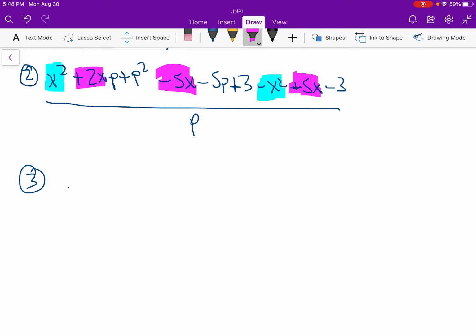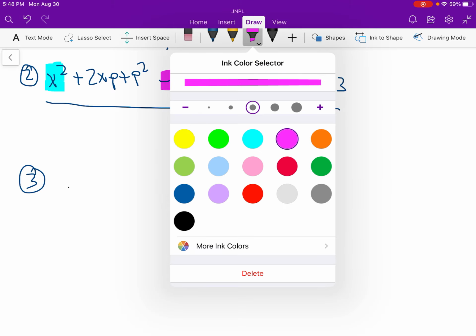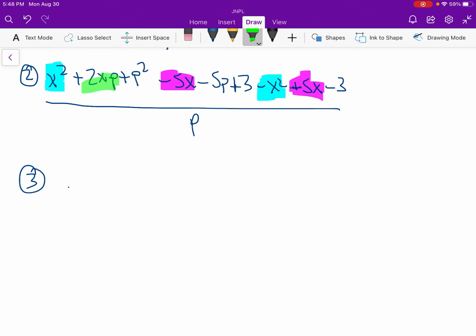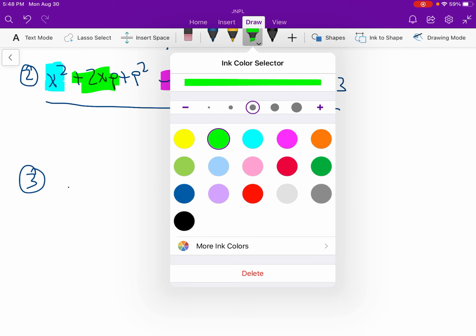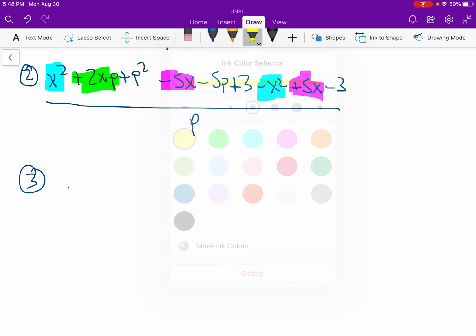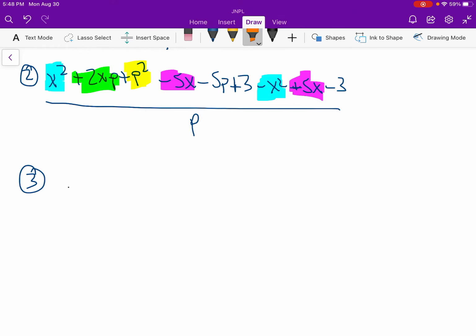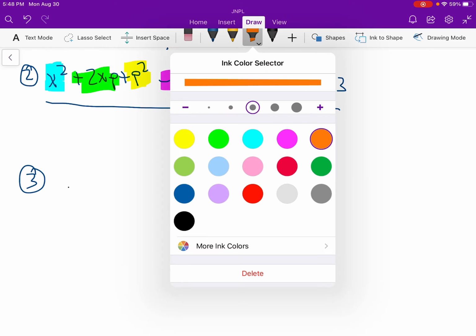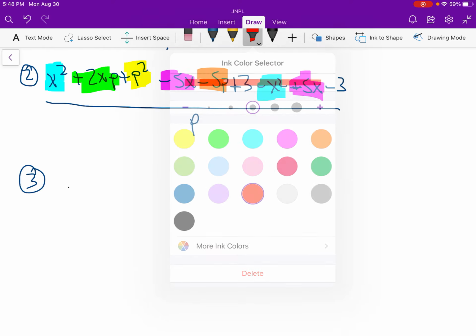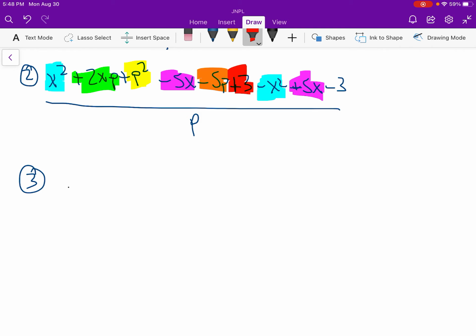Oh, sorry, that's actually xp, the first one. xp has to be by itself. So we have an xp. There's no other xp's. p squared. There's no other p squareds. Minus 5p. There's no other p's by themselves. And then the constants, which have no variables, 3 and negative 3.